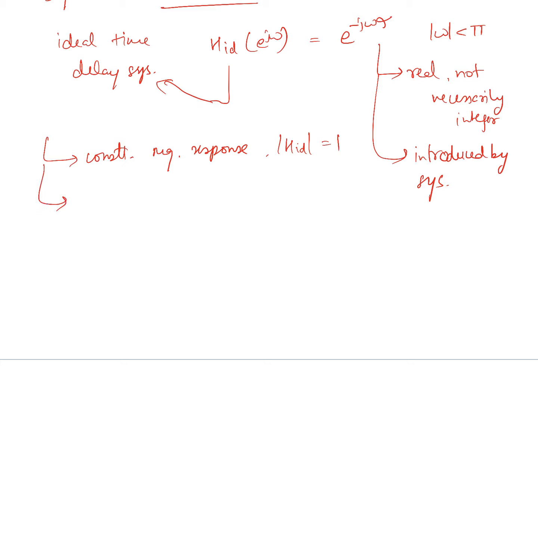Okay, it has a linear phase also, which is given by the phase of H_id equal to minus ωα. And finally, the constant group delay, which is given as grd H_id equal to α, because it is the negative of the derivative of the linear phase, which would be α.